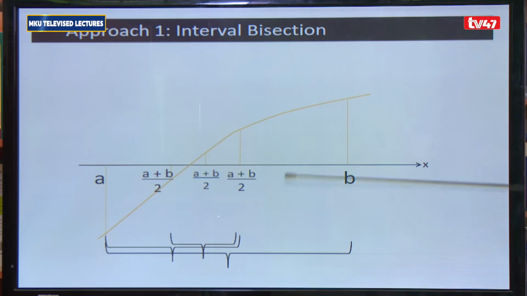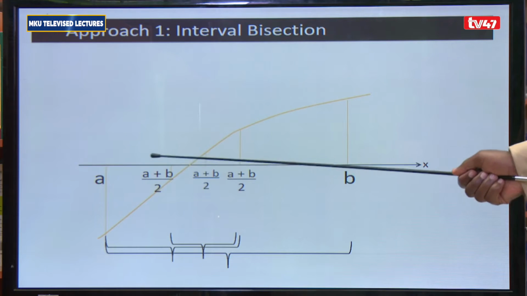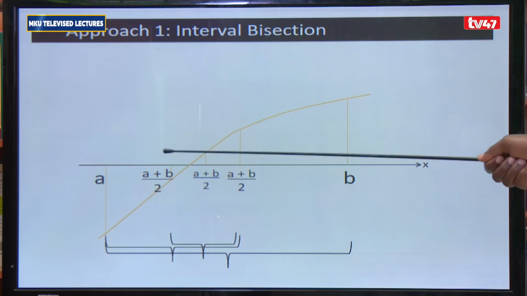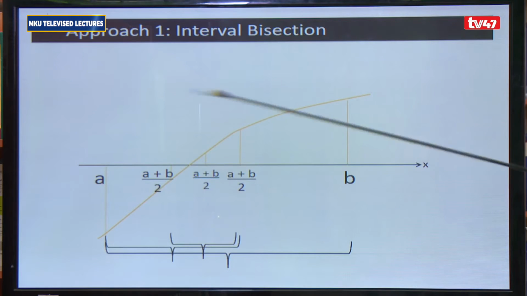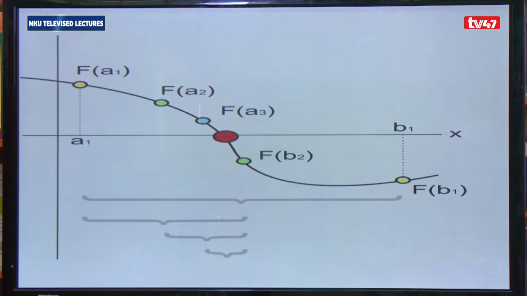As you can see, as the interval narrows, the value converges to the root at that particular point. So this is how you check whether the function or the interval is converging to the root.